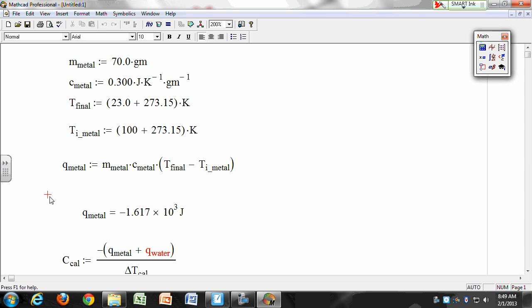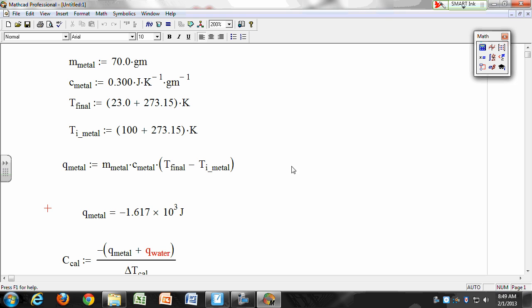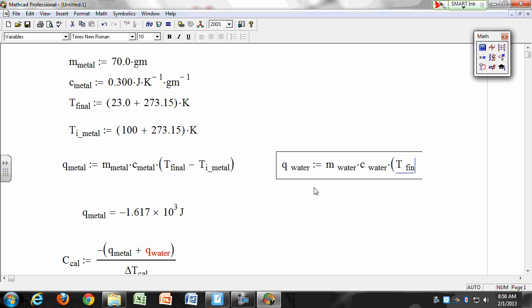So your Q metal is negative 1.617 times 10 to the third joules. Right? And we do Q water. Q water equals mass of water times C of water times T final minus T initial for water. Okay? It doesn't know mass water.